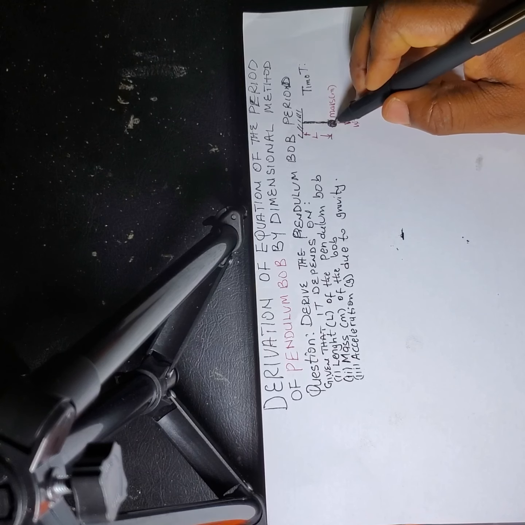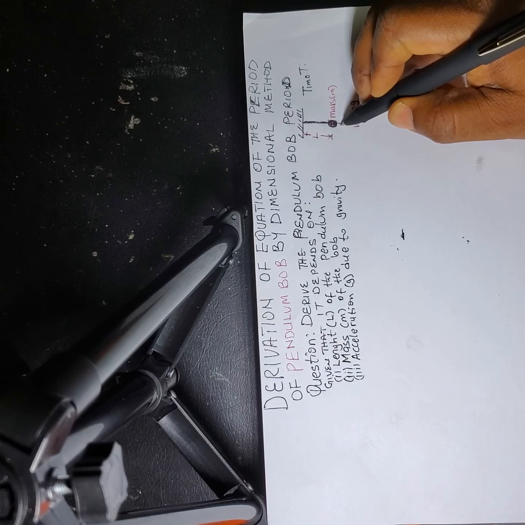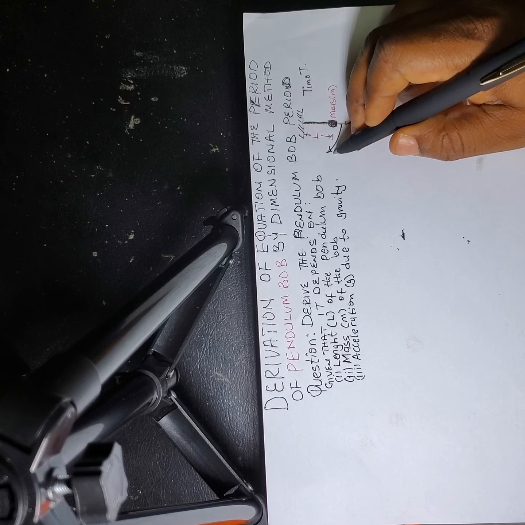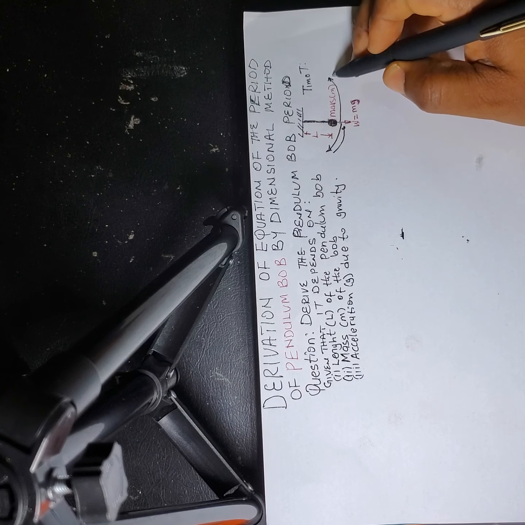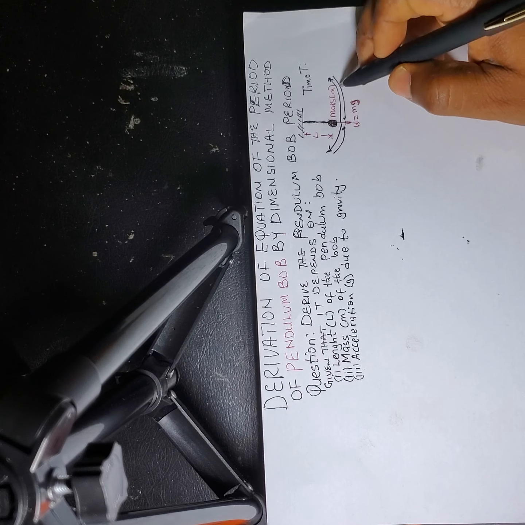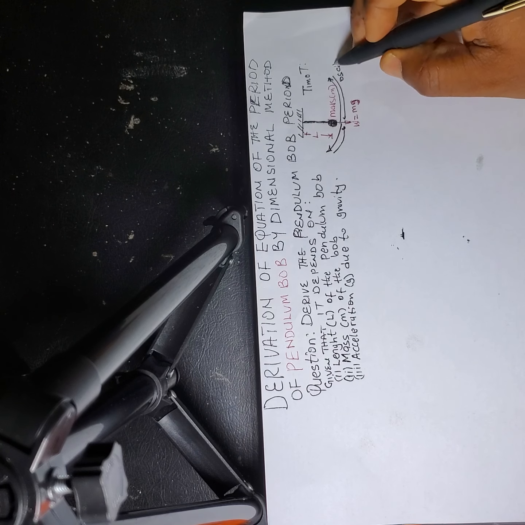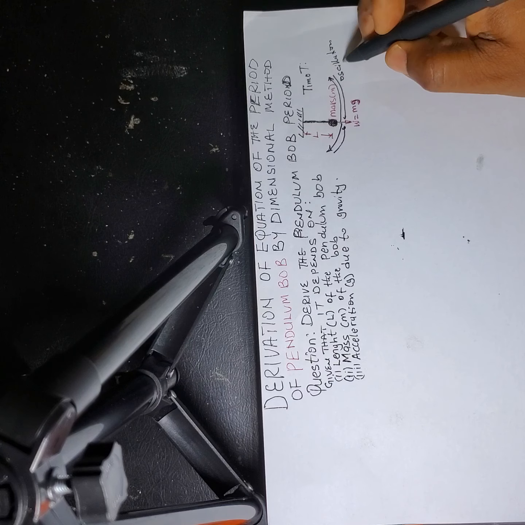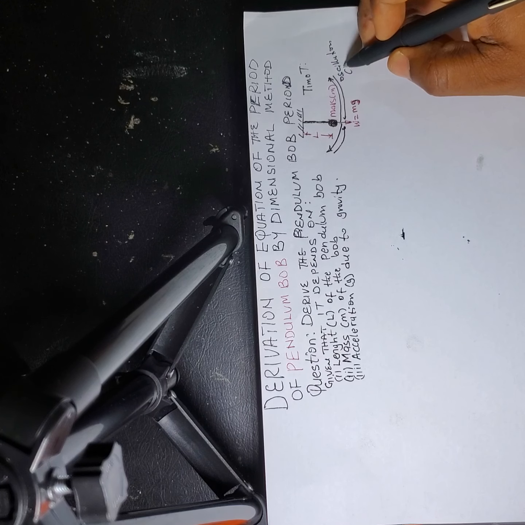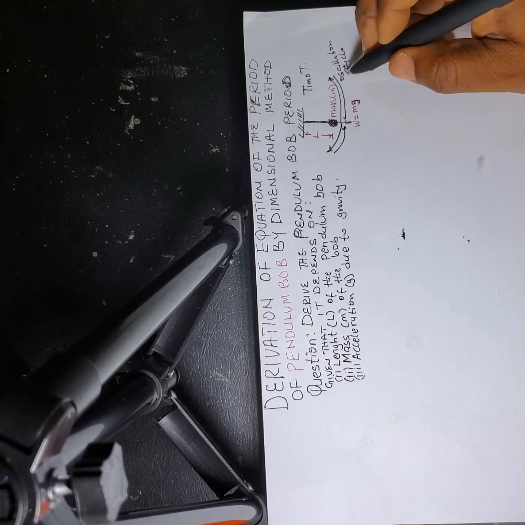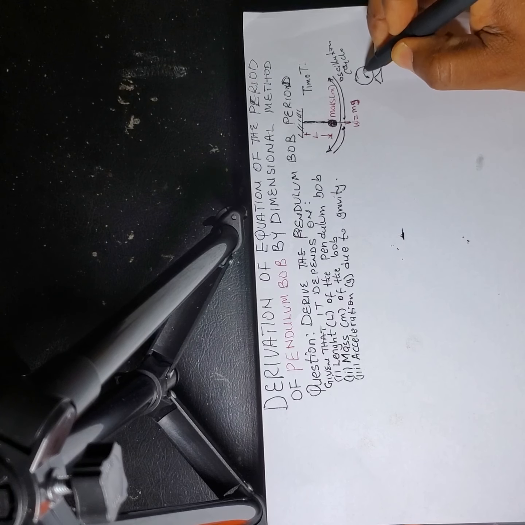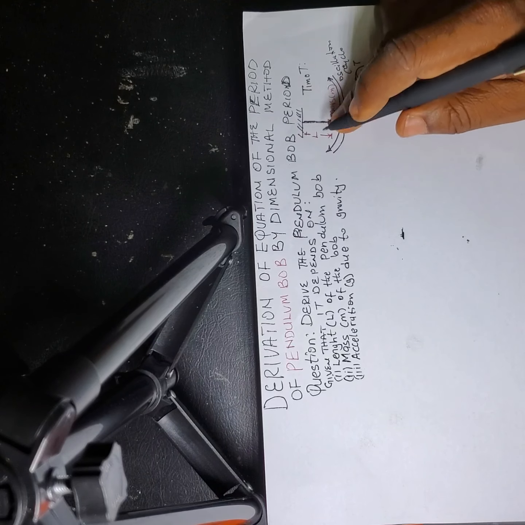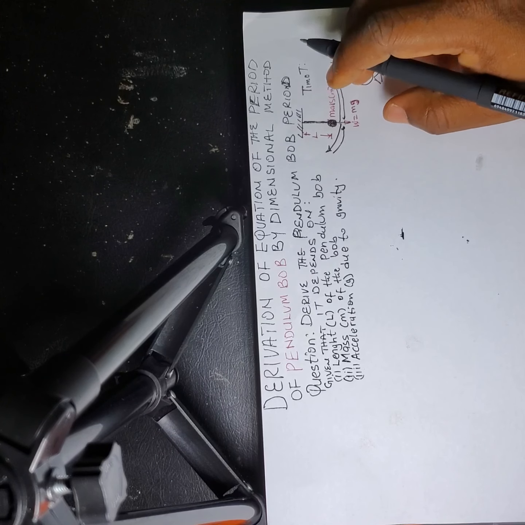So that means the cycle of starting from here, going this way, coming back to this particular position, then going this way, then coming back to this particular position. That's the full oscillation or full cycle. So what time will it take? I'm talking about the clock now. What time will it take, time t, for it to complete this full cycle?